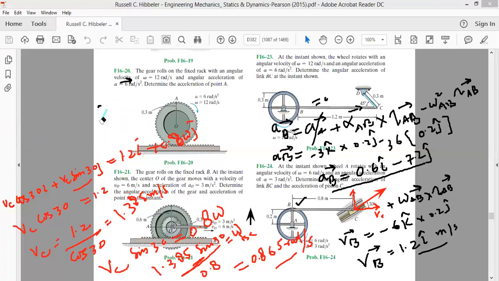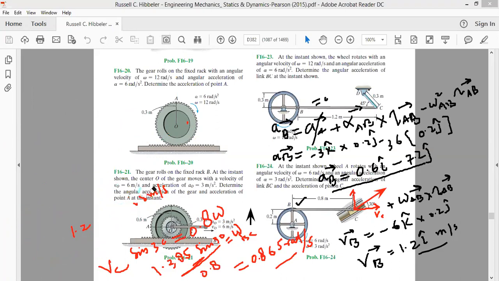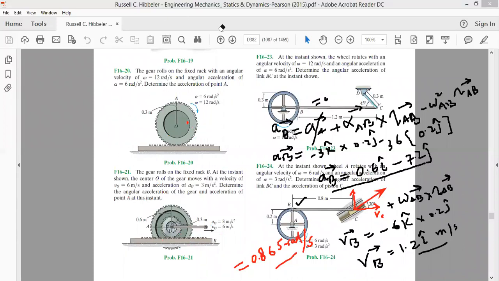We will now write the acceleration equation between B and C. Acceleration of C is equal to acceleration of B plus angular acceleration of BC, that is alpha BC, cross radius vector drawn from B to C, that is RBC, minus omega BC square, which we have calculated as 0.865, into radius vector RBC.